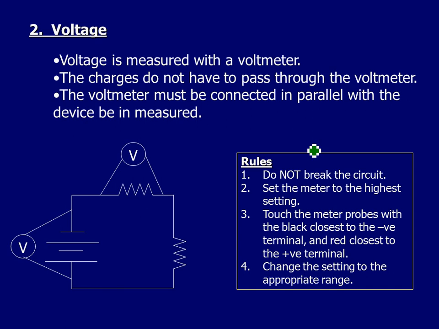Do not break the circuit for a voltmeter. Set the meter to the highest setting. In this case, you're going to set it to about 40 volts. Will be enough. Touch the meter probes with the black closest to the negative, black closest to black. Because on our power supplies, black is negative.